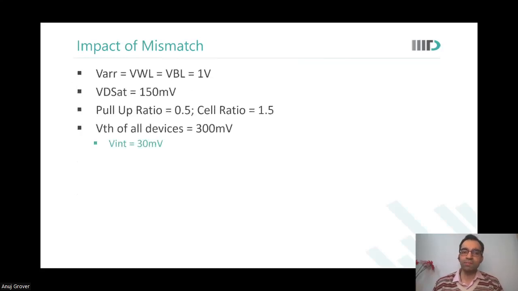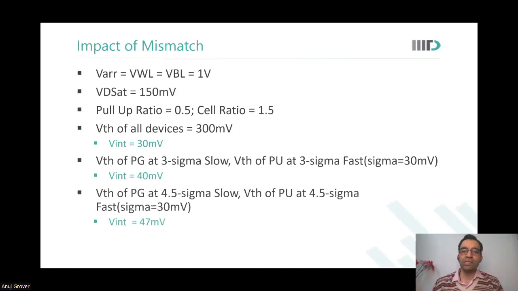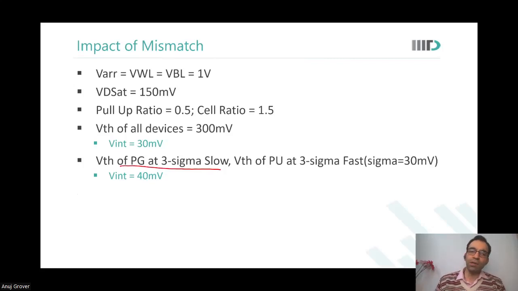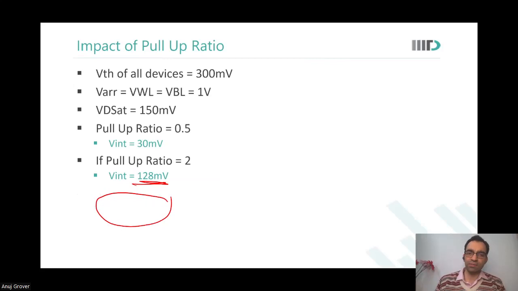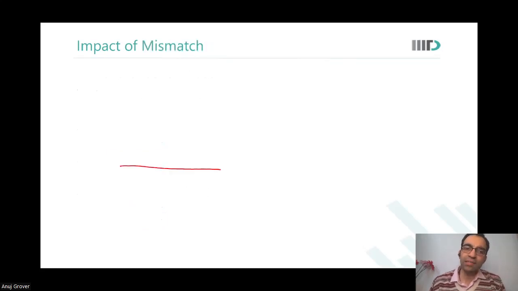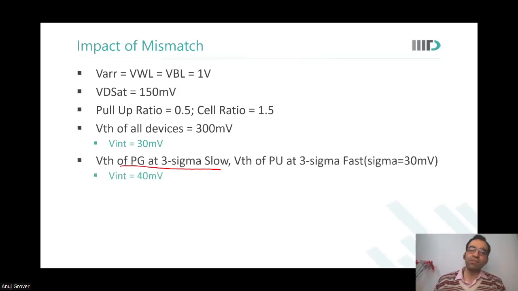And now introduce mismatch. You will see that with mismatch, as expected, we have said that pass gate is slower. What did we want? We wanted pass gate to be faster. Pass gate is faster means pull-up ratio is small. So for the worst case analysis in the presence of mismatch, we put pass gate at 3 sigma slow.